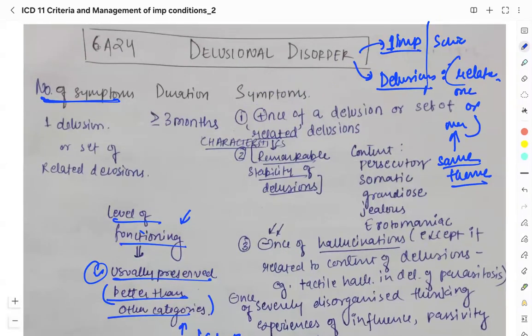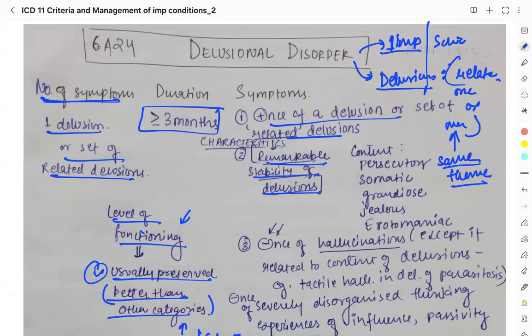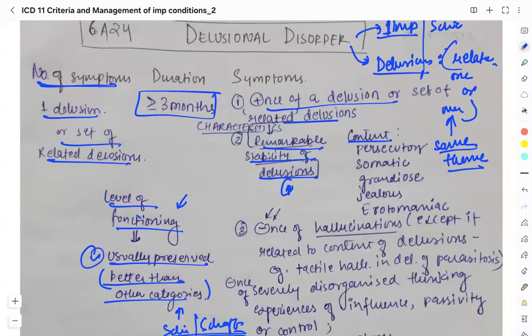So we discussed one delusion or a set of related delusions for more than or equal to 3 months. The characteristic is remarkable stability of delusions. They do not change. The delusions are going to remain the same, and the content of delusion is usually from here.